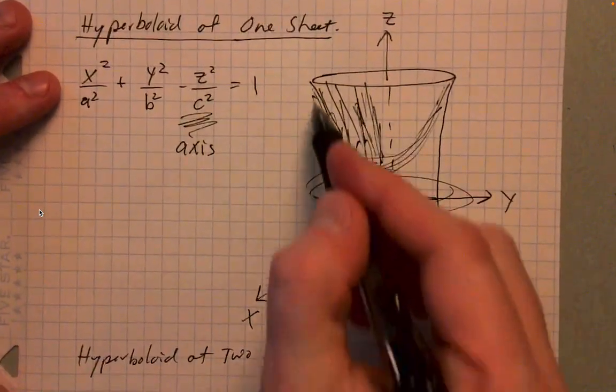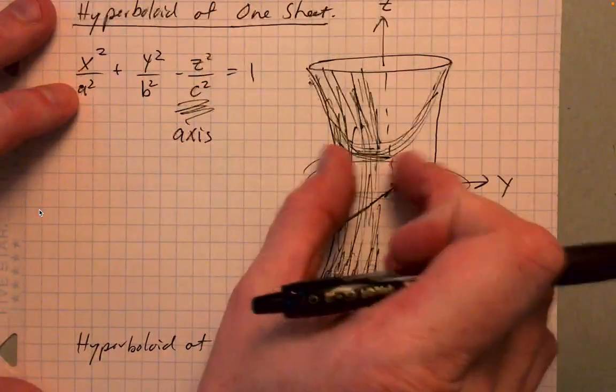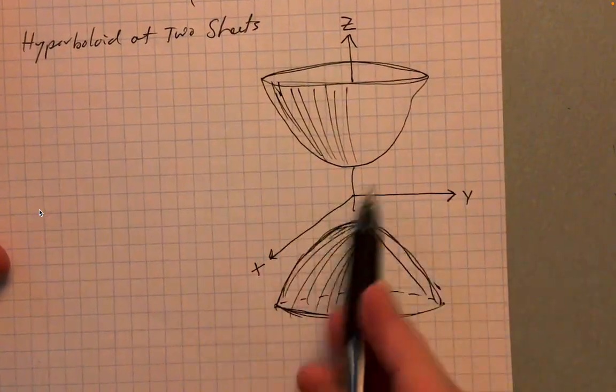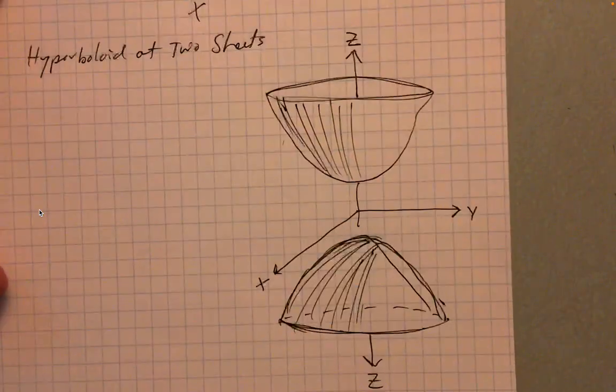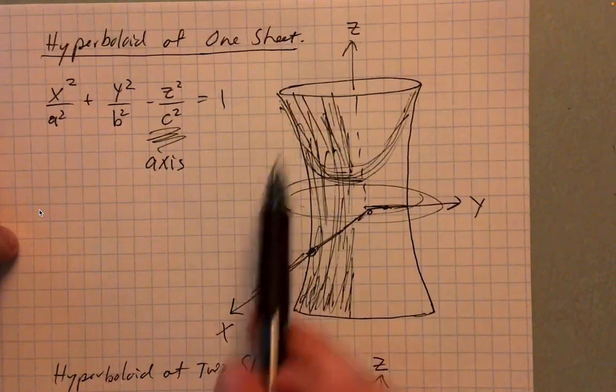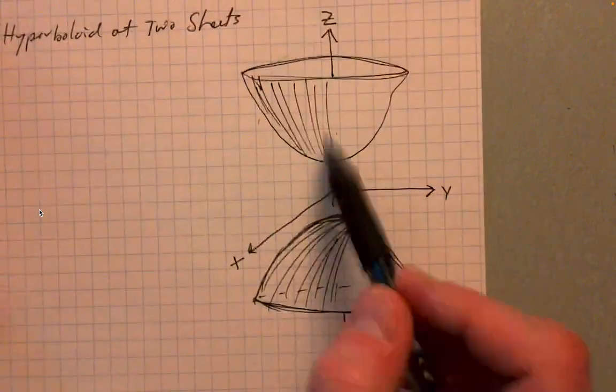So you can imagine this thing kind of either stretching at the top and pinching at the bottom, and if you did that, eventually it would pinch off, and you would have this two-piece hyperboloid. So the one sheet versus two sheets: this is one continuous surface, and this is two separate surfaces.